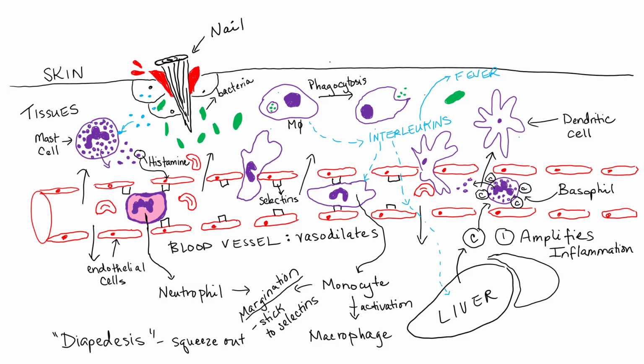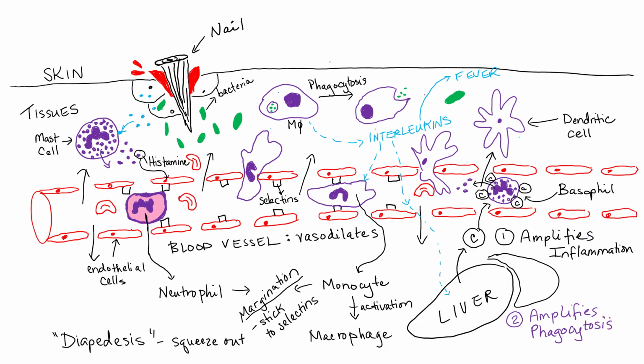All right, so what's the second thing that complement does? Well, the second thing it does is actually assist with phagocytosis. So it amplifies phagocytosis. Remember, that's the other big thing that we want to have happen here.